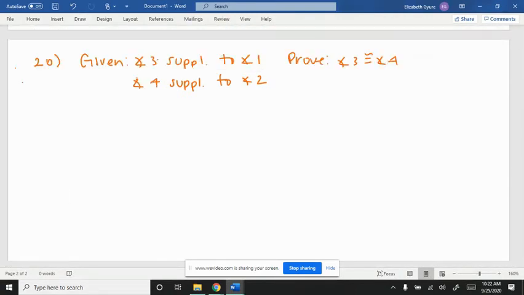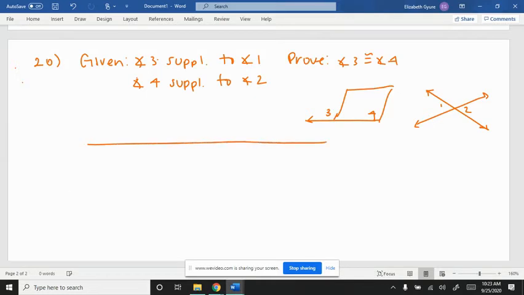Okay, and then we had this kind of two-part diagram here, with angles 3 and 4, and then our intersecting lines with 1 and 2. All right, so first thing is always your given, right?